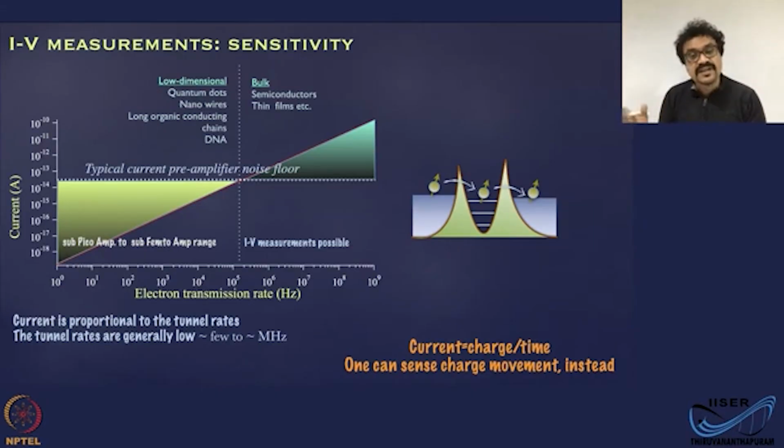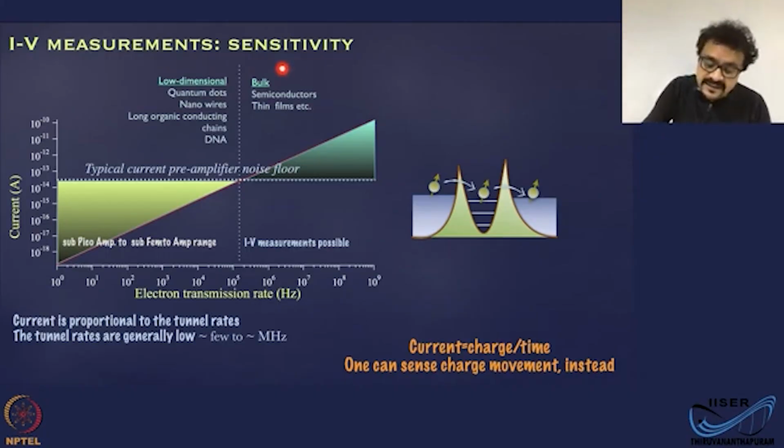Then current measurement is not an option to characterize the device. For example, many low-dimensional systems such as nanowires, quantum dots, long organic conducting polymers, DNA, many of these fall in this regime, where electrical transport measurement using conventional IV characterization is almost impossible.